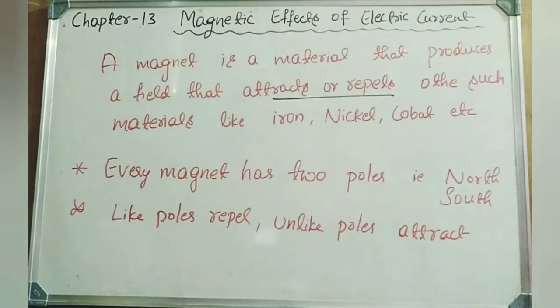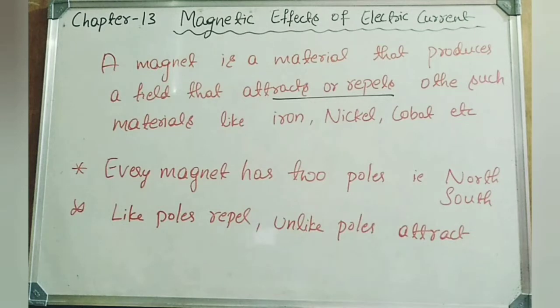Let us recall what we know about a magnet without going in depth. A magnet is a material that produces a field that attracts or repels other such materials like iron, nickel, cobalt, etc. And there are a few properties of a magnet. Every magnet has two poles, the north pole and the south pole.